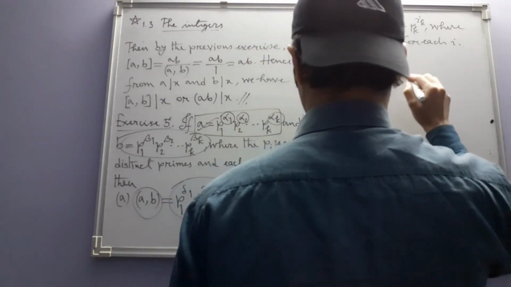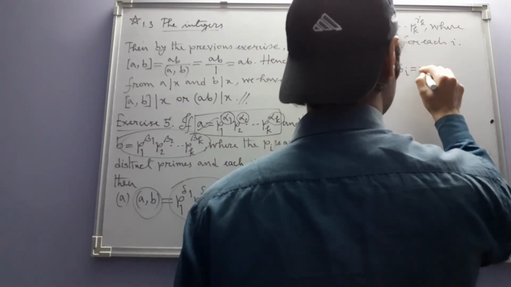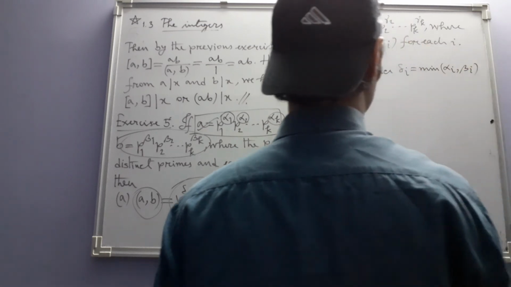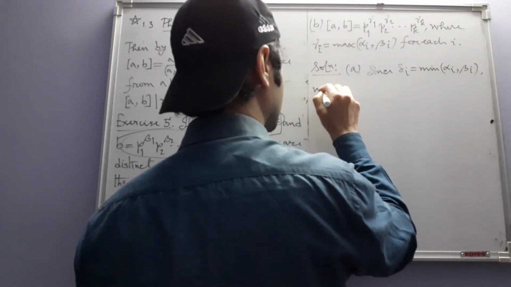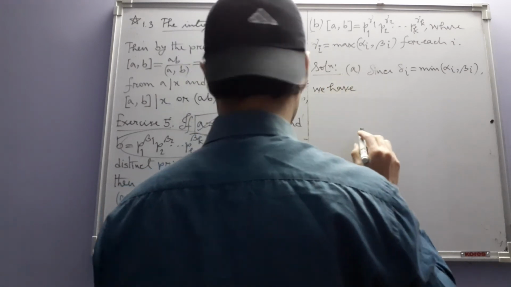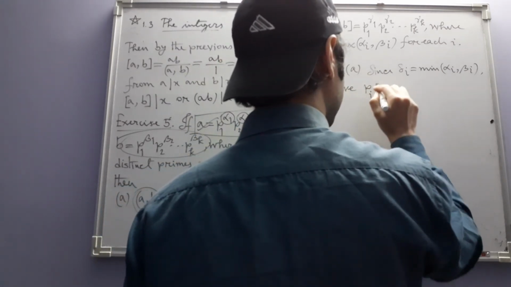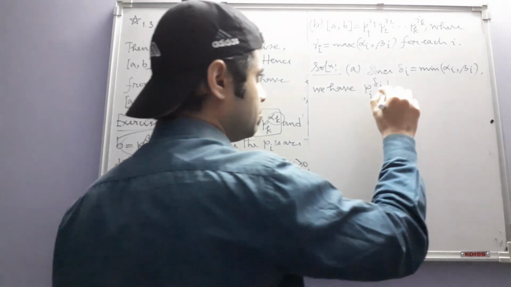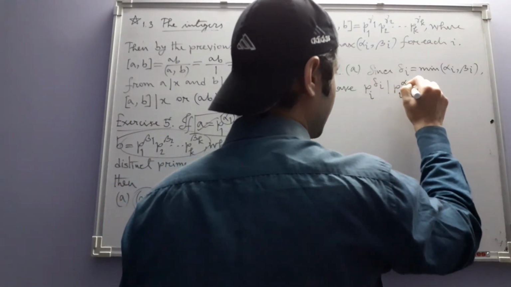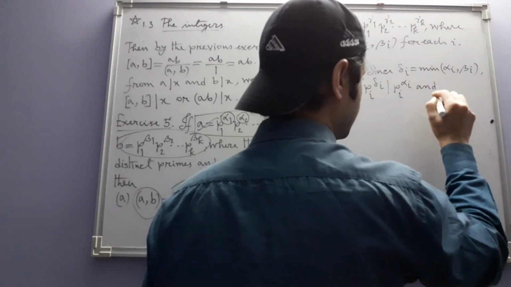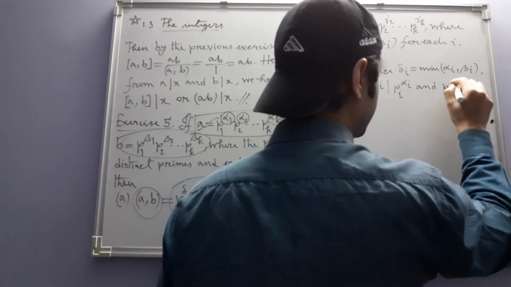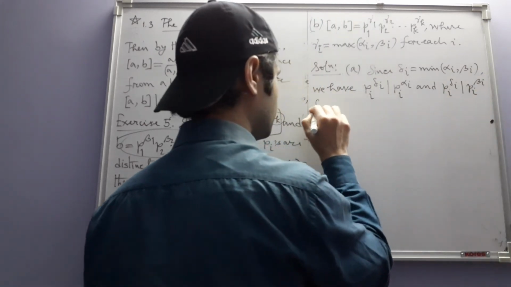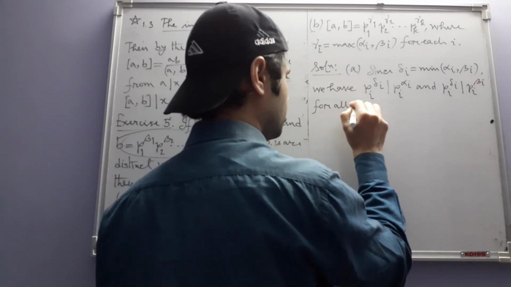Since delta i is the minimum of alpha i and beta i, we have pi to the power delta i divides pi to the power alpha i, and pi to the power delta i also divides pi to the power beta i for all i.